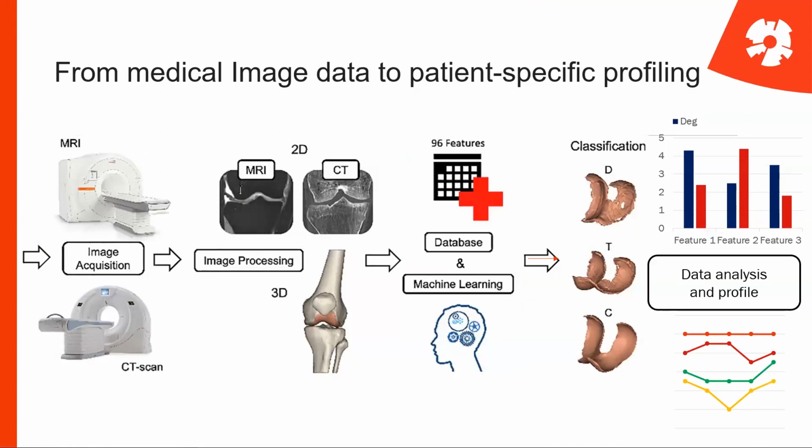And our approach has been taking, from over 100 subjects, MRI and CT, to combine the information that is available with these 2 medical modalities, to create a database of many hundred features that are coming from these images, and to classify the level of degeneration in a very novel way.